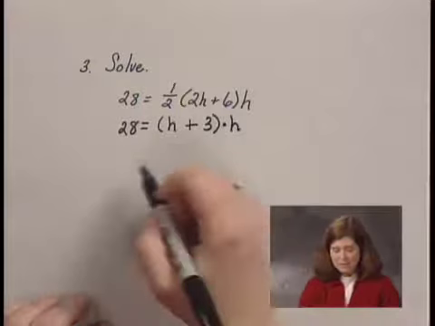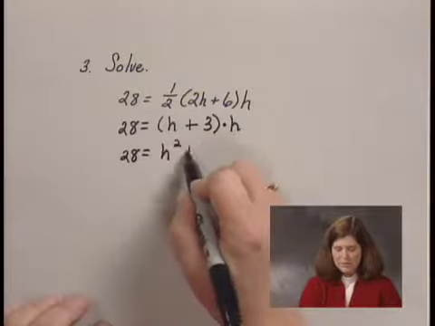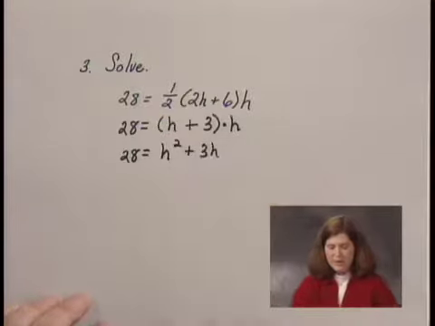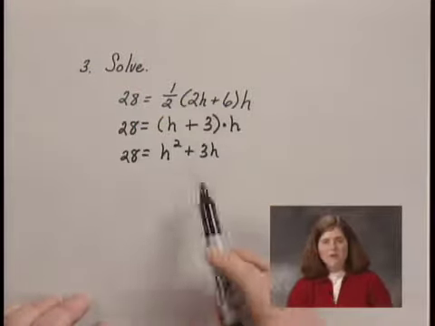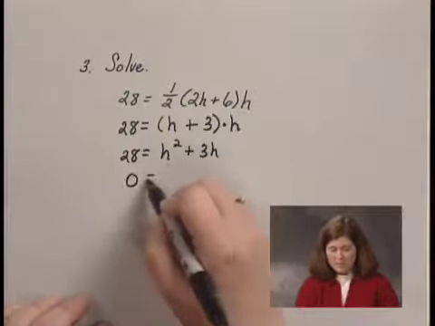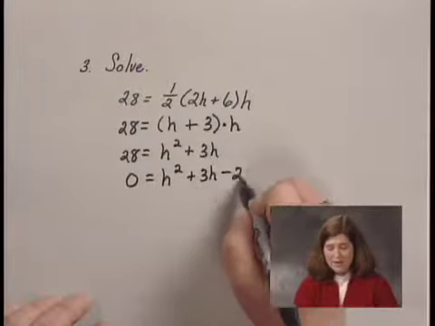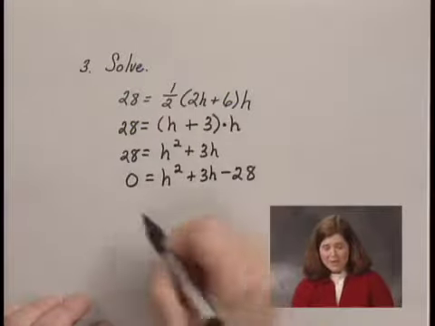Then I multiply this through, and I have 28 equals h squared plus 3h. And I subtract 28 from both sides. I want to get 0 on one side of the equation. 0 equals h squared plus 3h minus 28. And then I factor.